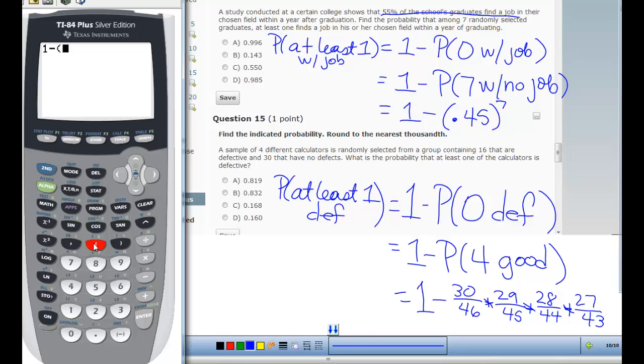But this time, since I've got that 1 there, I'm going to make sure I include my numerators in parentheses, and divide it by the denominators in parentheses.